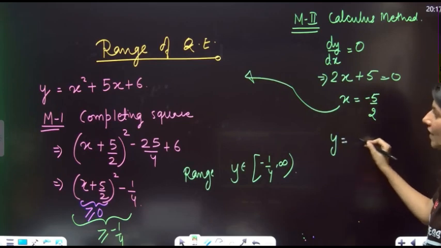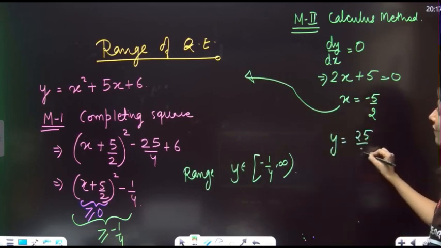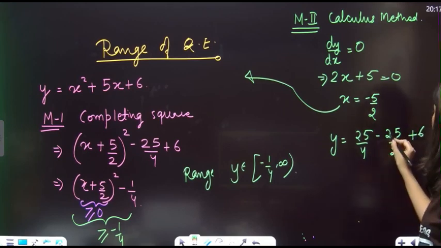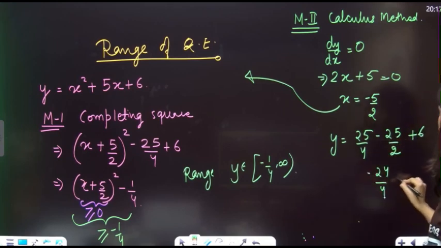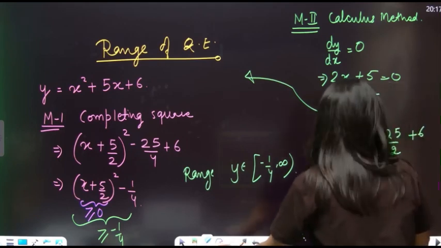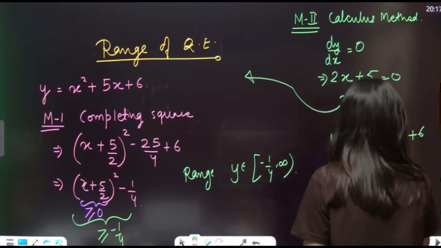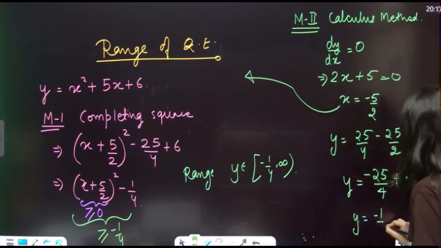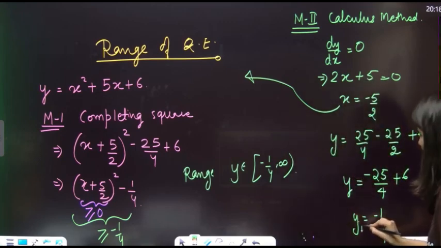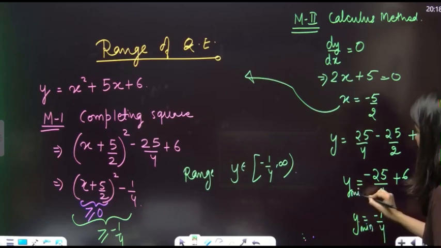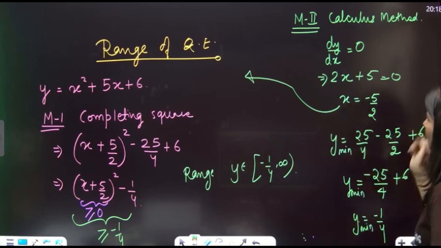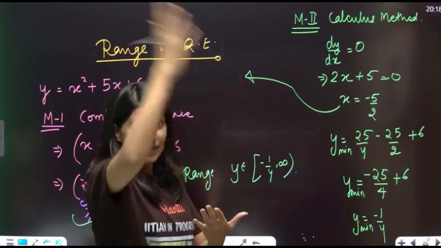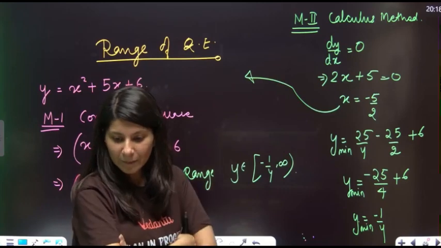So y will be 25 by 4 minus 25 by 2 plus 6. So this is minus 25 by 4 plus 6. So y is going to give you minus 1 by 4. So this is your minimum value. So minimum value is minus 1 by 4. Maximum will be infinity, so minus 1 by 4 to infinity.